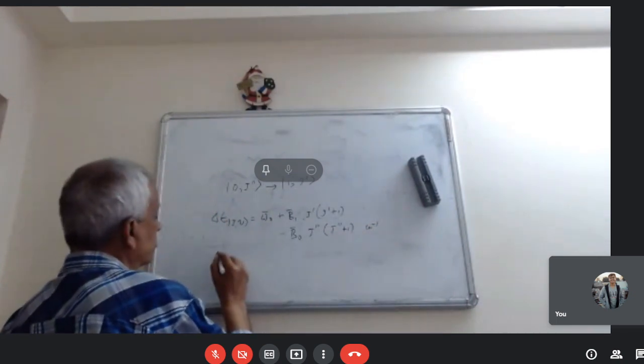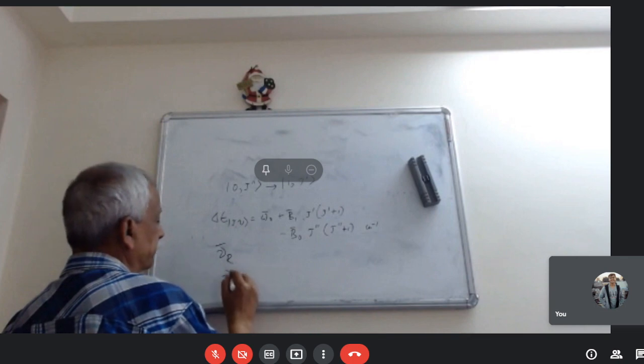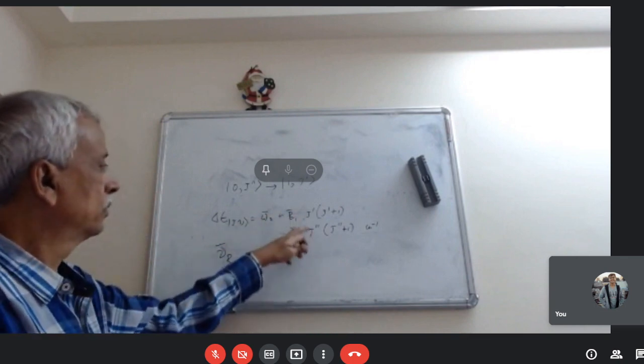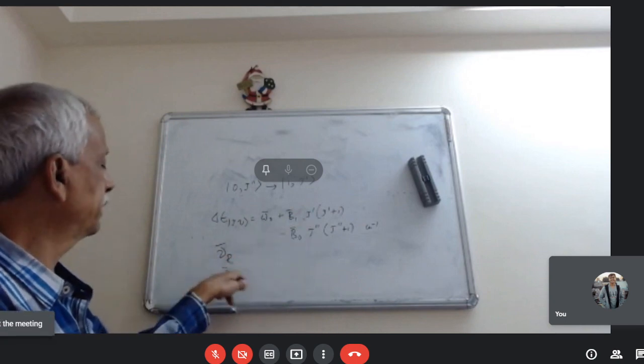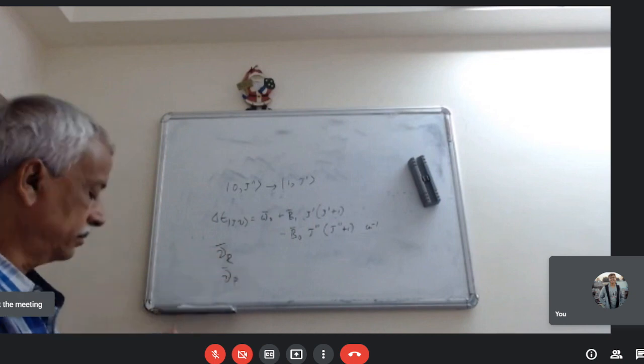Now you find out these two, nu R and nu P. In this case, you have delta J plus 1, and you have delta J minus 1. That means J prime minus J double prime is plus 1 here, minus 1 here.